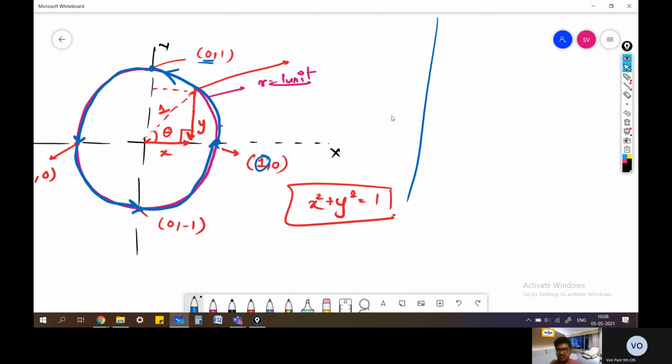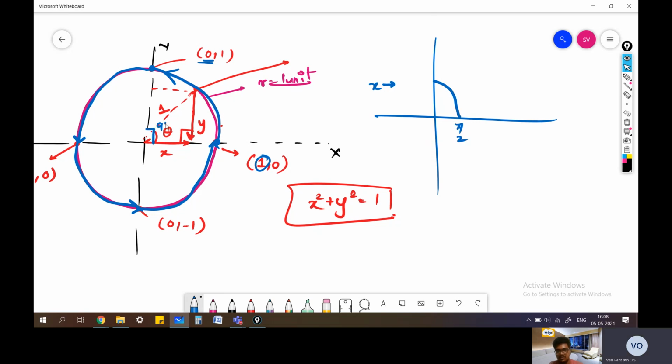If I plot it on a graph now, my x is moving from 1, at 90 degrees, that is pi by 2, from 1 it is becoming 0. From 0 again, it is becoming minus 1 at angle pi.